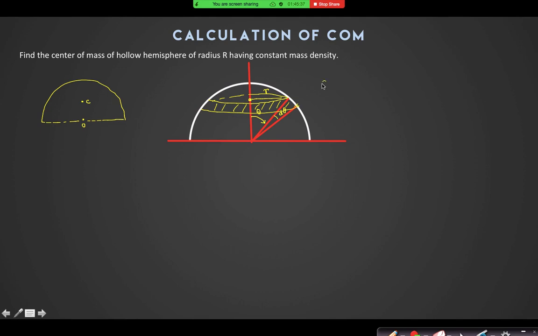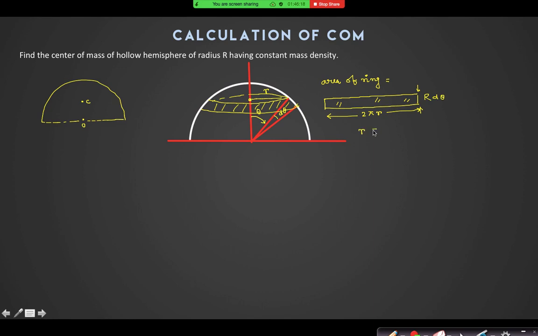So what is the area of that ring? Again you use the same concept. If you take this ring outside and unfold it, you will find a rectangle. So what is the area of that rectangular strip? What is the length of that rectangular strip? 2 pi r cos theta. Yes. And what is the width of that rectangular strip? R d theta.